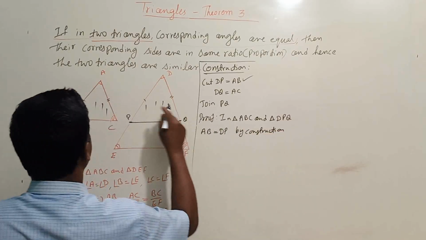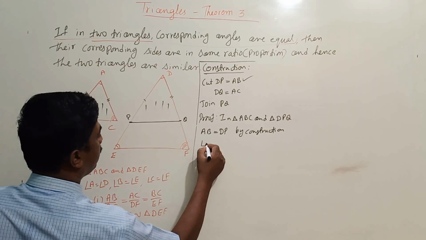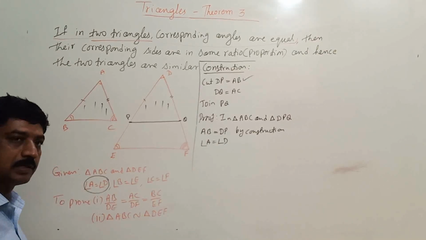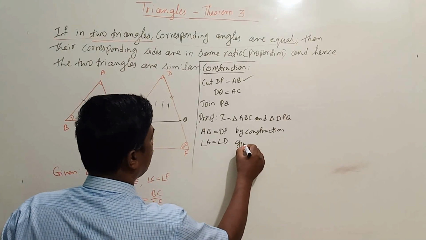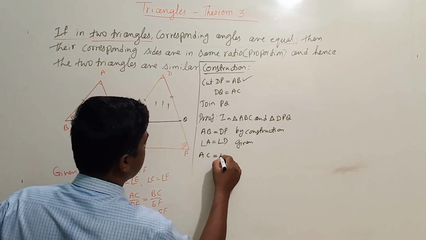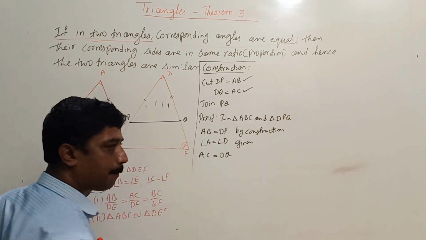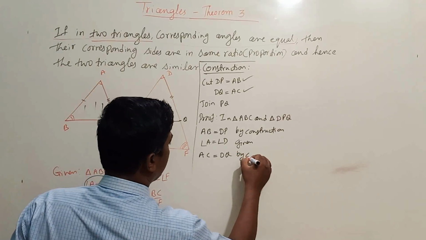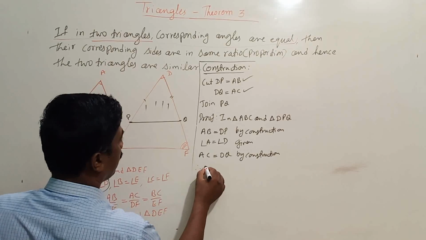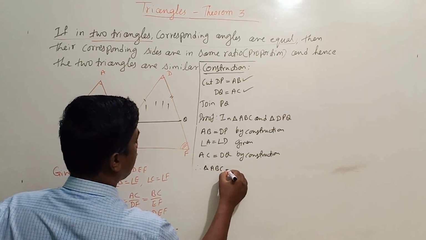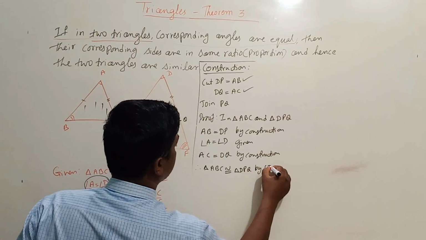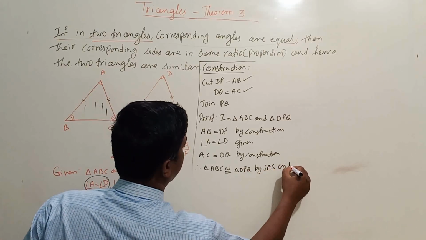Next, angle A is equal to angle D, given. AC is equal to DQ, by construction. So therefore, triangle ABC is congruent to triangle DPQ by SAS criteria.